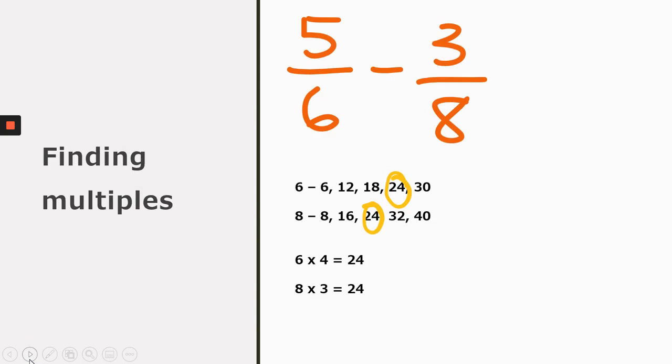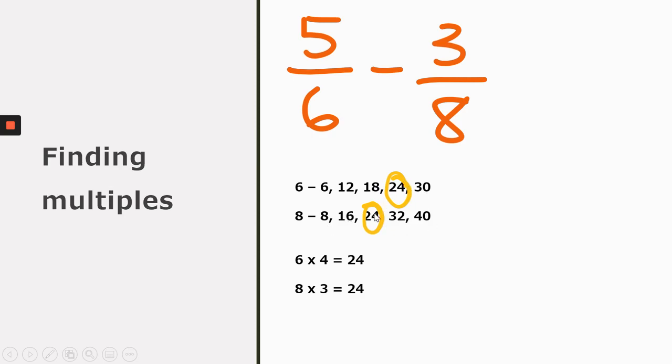So to find the multiples of a number, I'm just going to list the numbers here that if I multiply that number out. So I've got 6, and I count in sixes. These are going to be the multiples of 6: 6, 12, 18, 24, and 30. I just did the first 5 multiples. So for 8: 8, 16, 24, 32, 40.